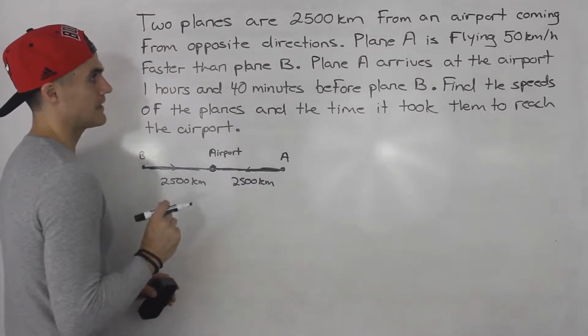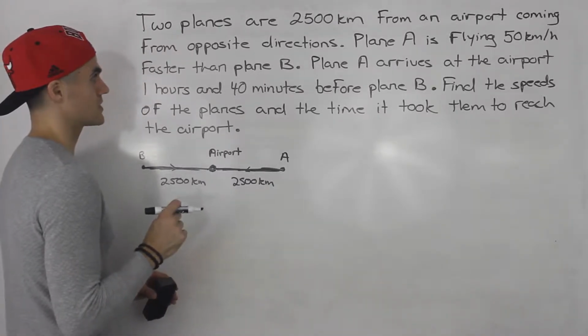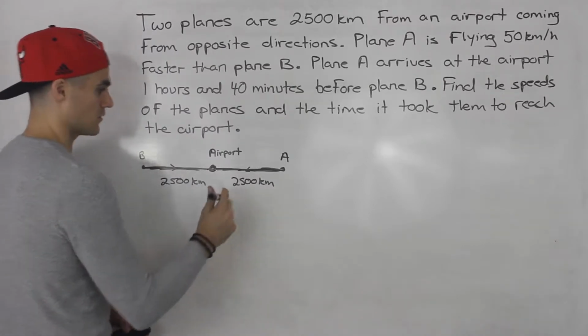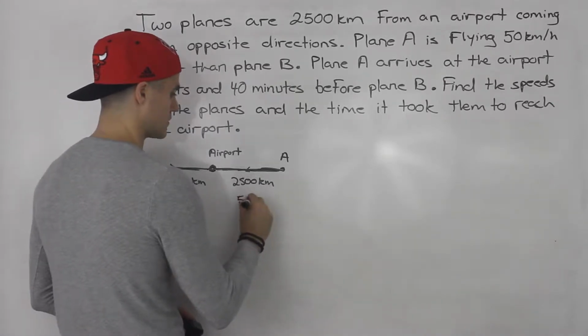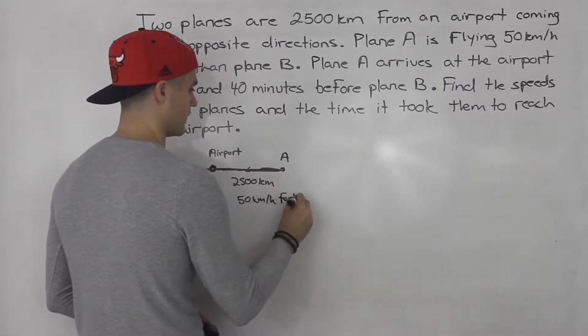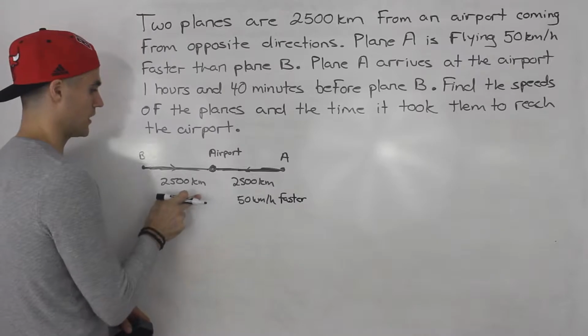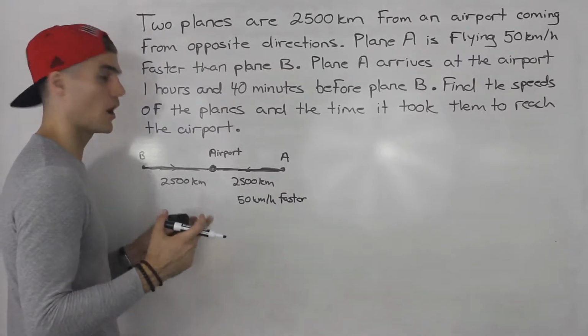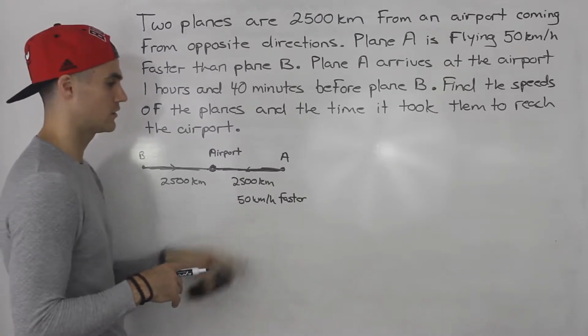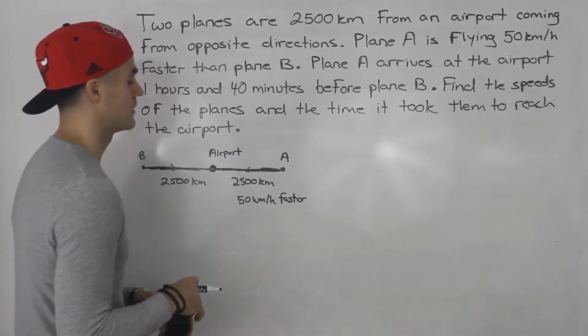Now we're told plane A is flying 50 kilometers an hour faster than plane B. So if plane B is flying at, I don't know, 100 kilometers per hour, plane A would be flying at 150 kilometers per hour.